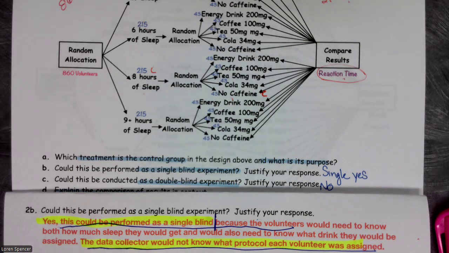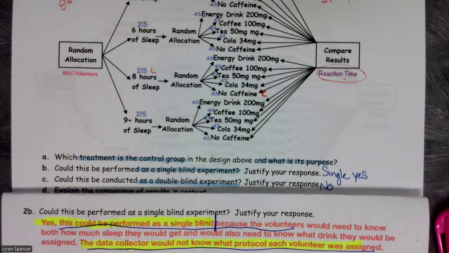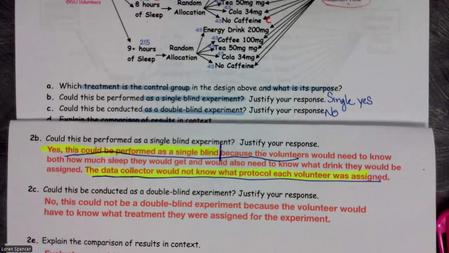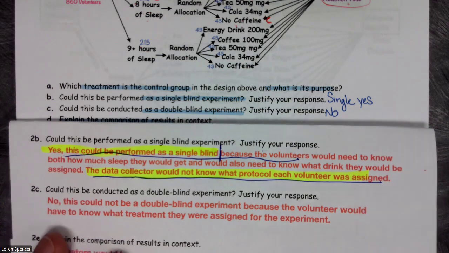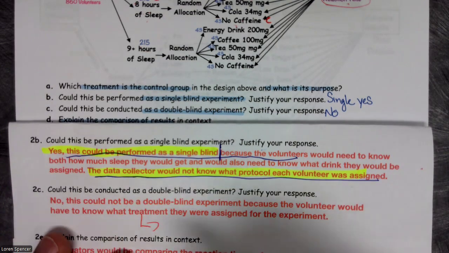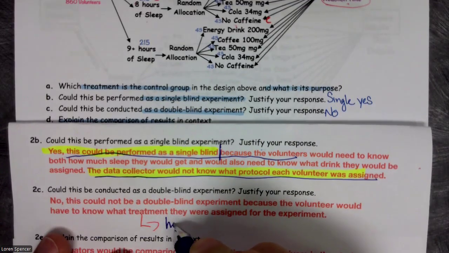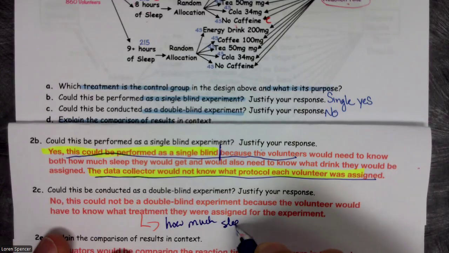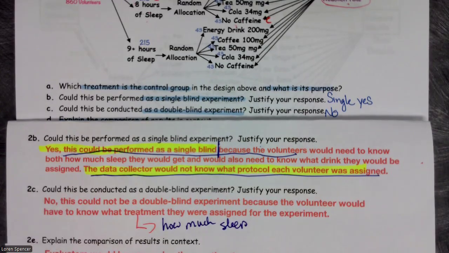All right. Could this be done as a double blind experiment? And the answer is no, because the volunteer would know which treatment they got. Well, they would definitely know how much sleep they had.